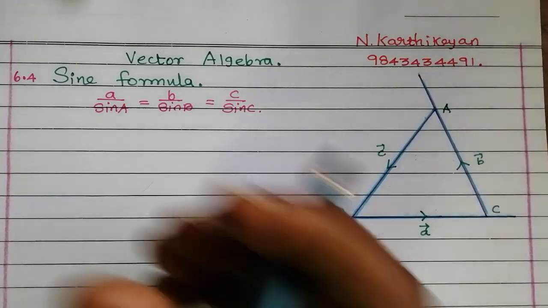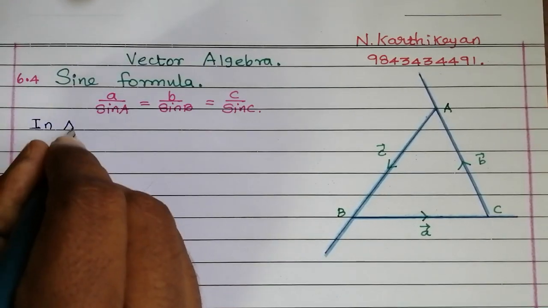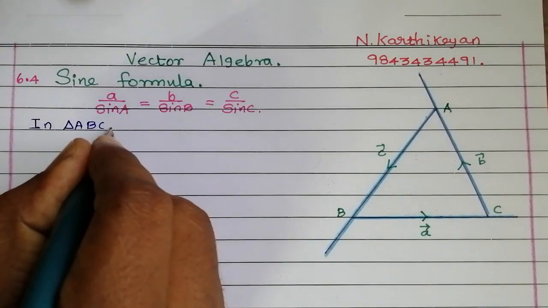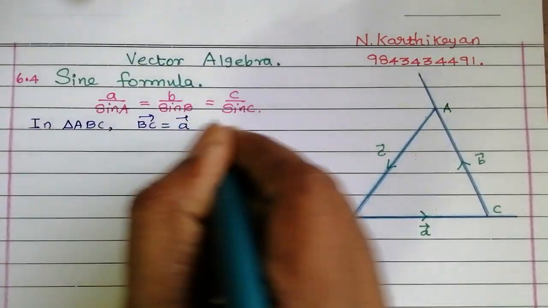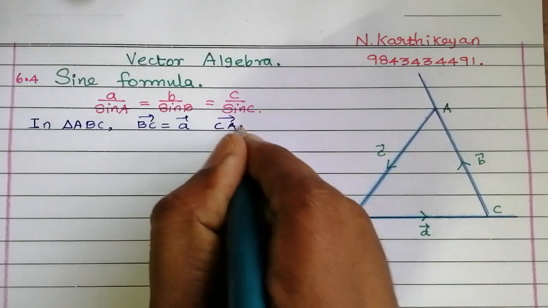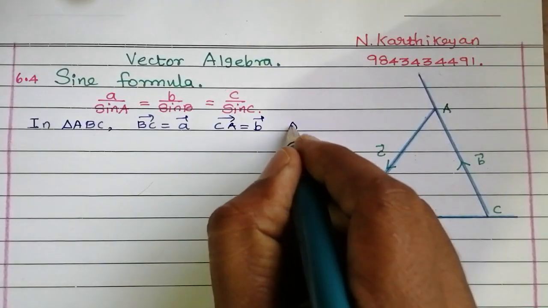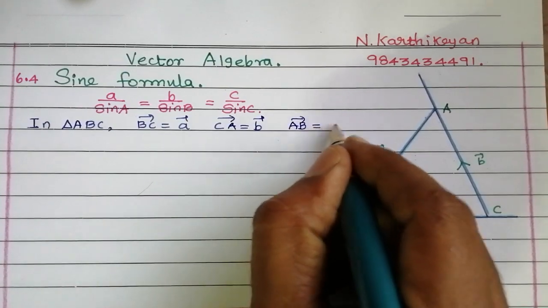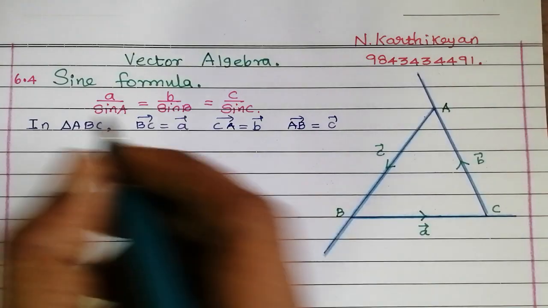Now in triangle ABC, we know that BC vector equal to a vector, CA vector equal to b vector, then AB vector equal to c vector.